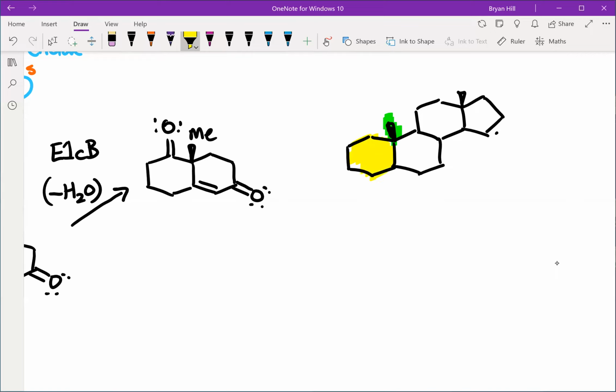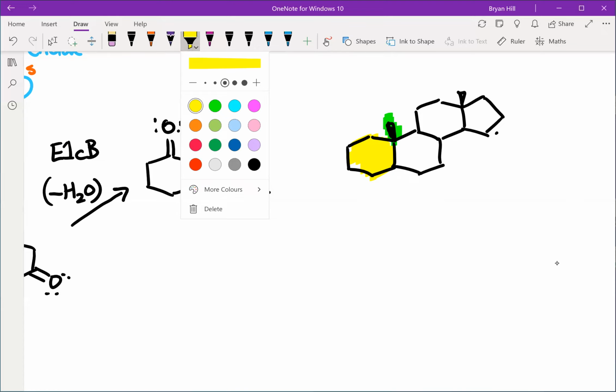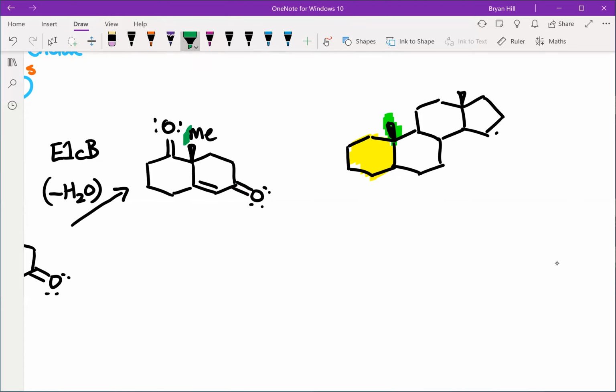If it's aromatic, obviously it doesn't have a methyl group. But if it's not aromatic, there is that methyl group in green here. And you'll notice that this building block has got a lot of the parts that you need, particularly this methyl group. And it's got the 2 fused 6-membered rings.